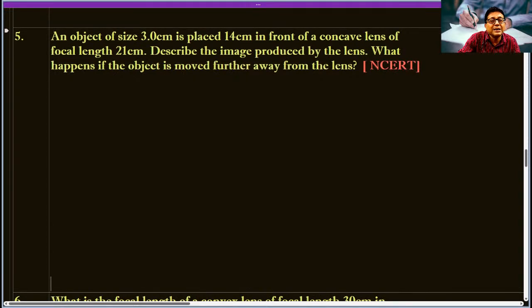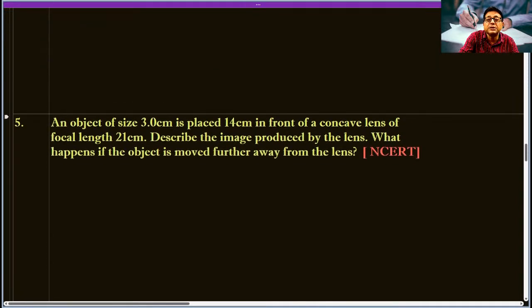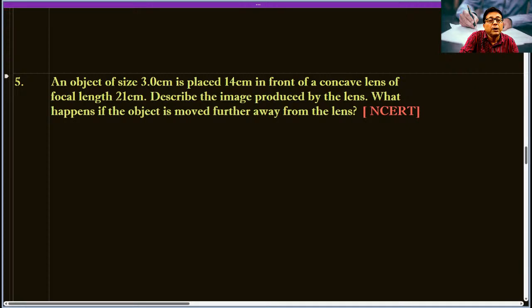An object of size 3 cm is placed 14 cm in front of a concave lens of focal length 21 cm. Describe the image produced by the lens. What happens if the object is moved further away from the lens?